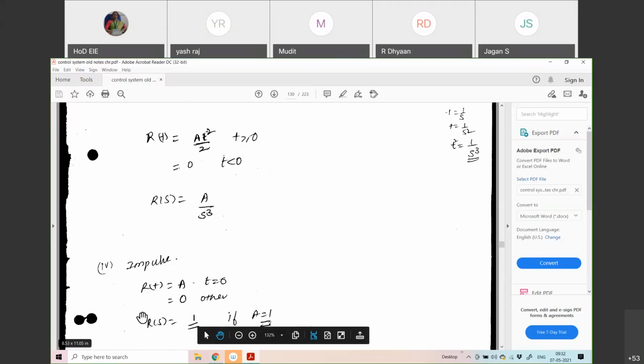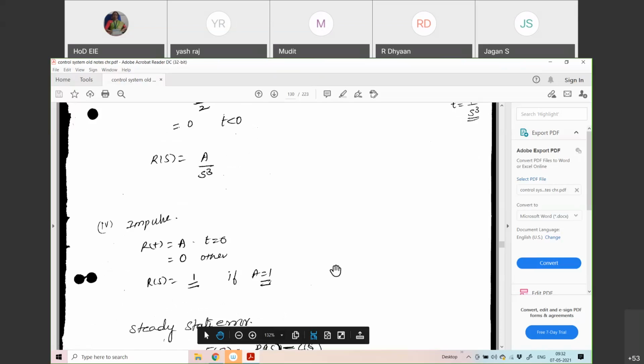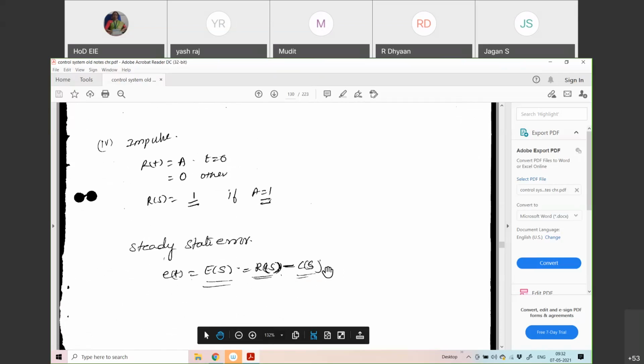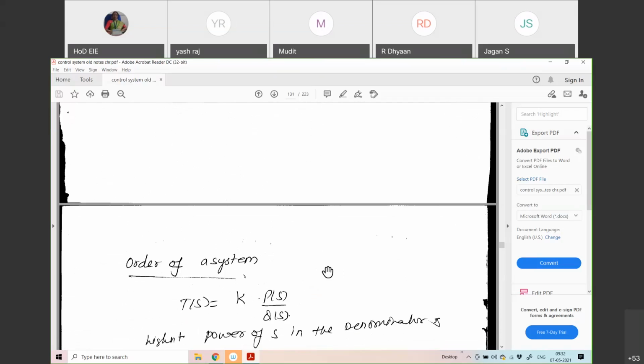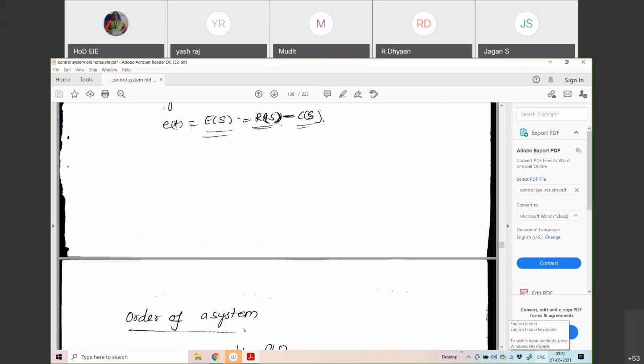So remember, the standard test signals are the ramp, step, and parabolic signals, and their Laplace transforms and their expressions in the time domain are known to you. Now, when you consider any system, the system will have a response. If you give an input, the response or output of the system can be seen as two parts.